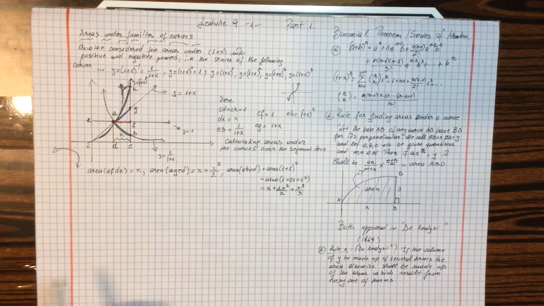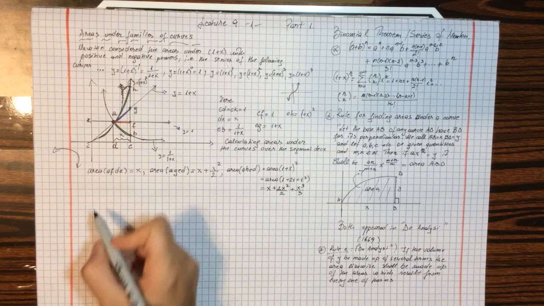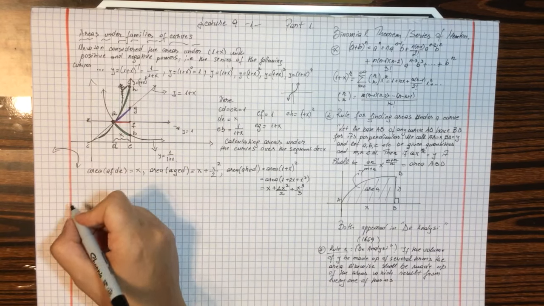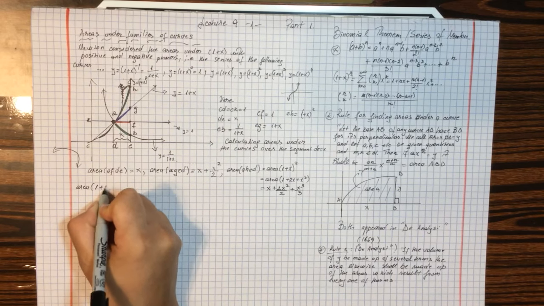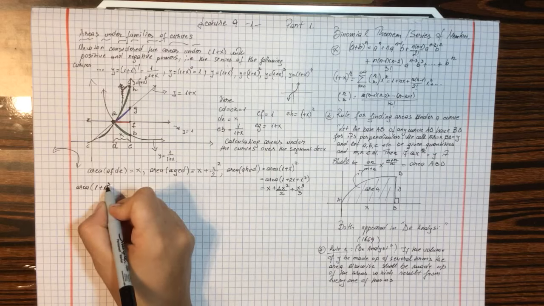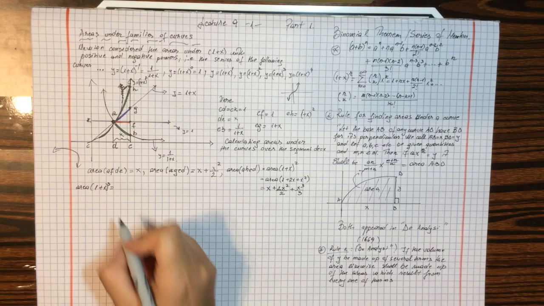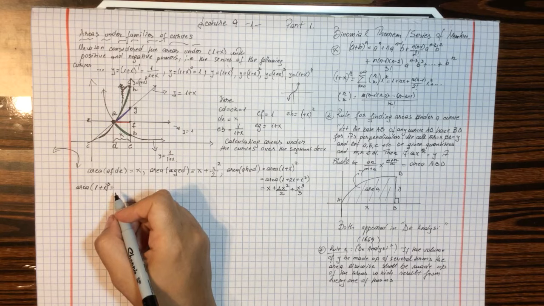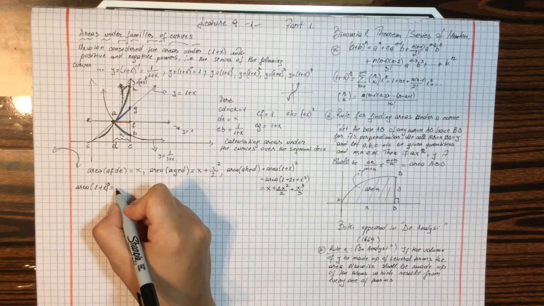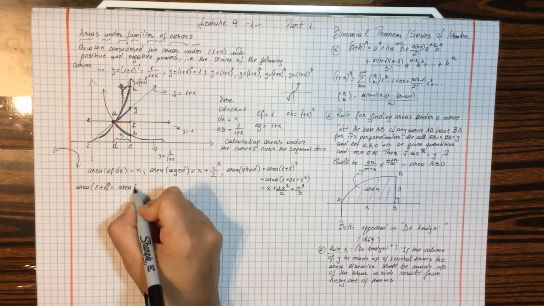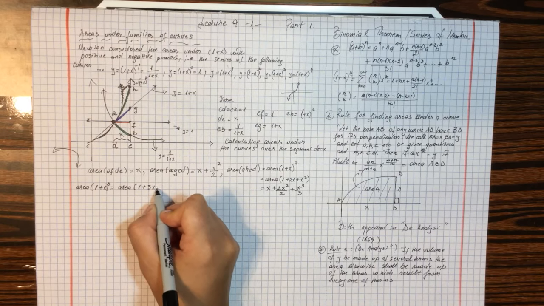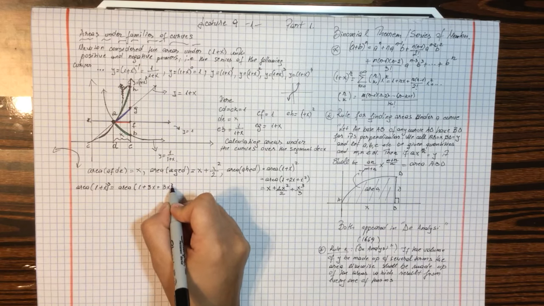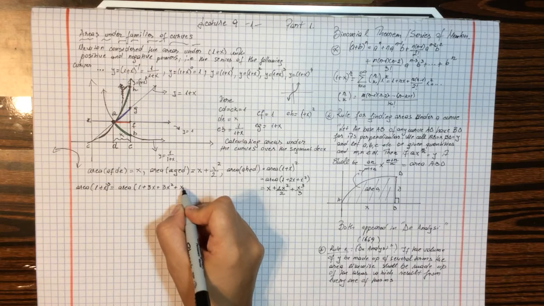So let me write down some more before we interpolate them, or tabulate the results rather. So the area under 1 plus x to the third is equal to the area of 1 plus 3x plus 3x squared plus x to the 3.